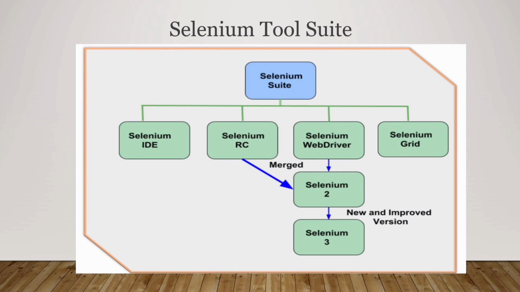But currently in the market in 2024, Selenium 4 is there. Okay. Later on I will be explaining Selenium 4 new features. Okay, so this you should know as per the interview question.